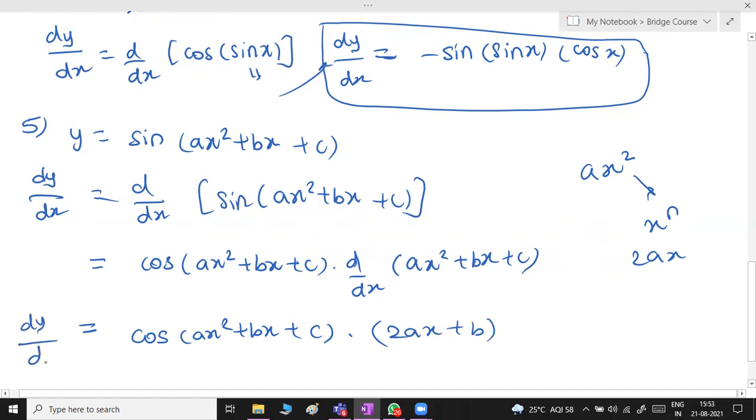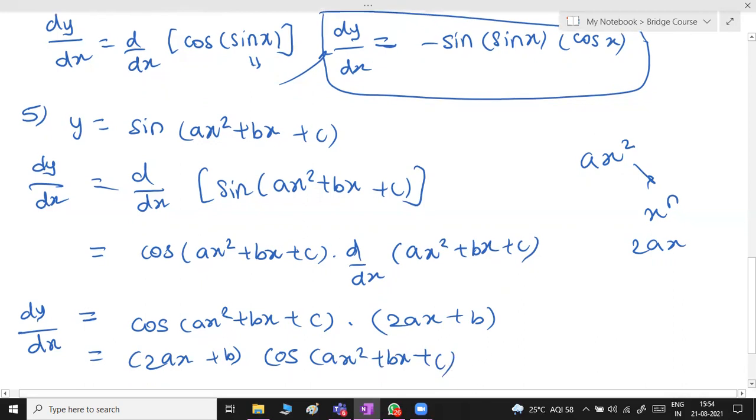So dy by dx is going to be, इसको हम लोग ऐसा भी लिख सकते हैं 2ax plus b and here it would be cos ax square plus bx plus c. ठीक है, hope the questions you are getting are easy.